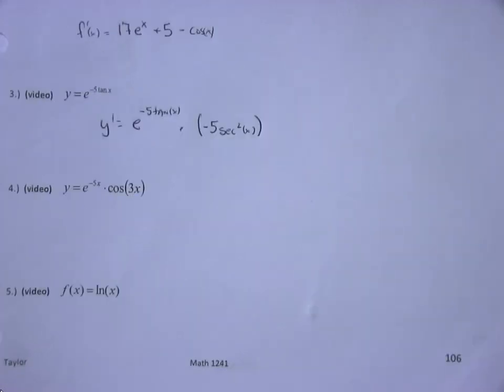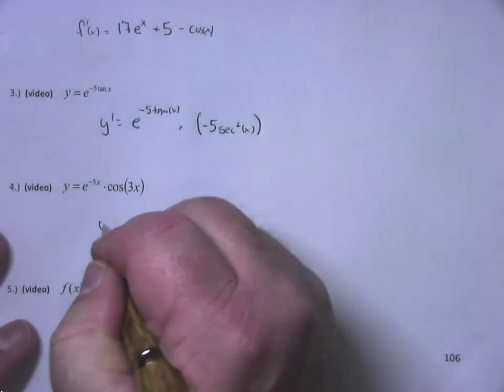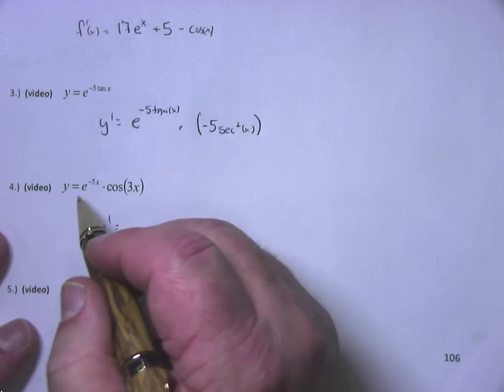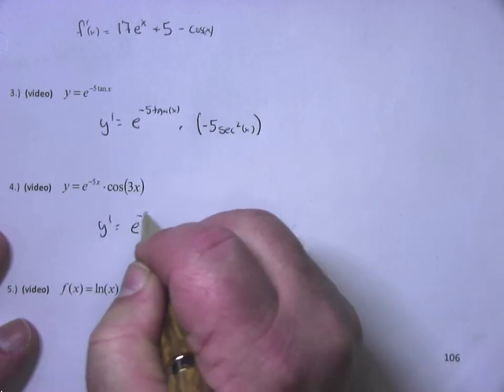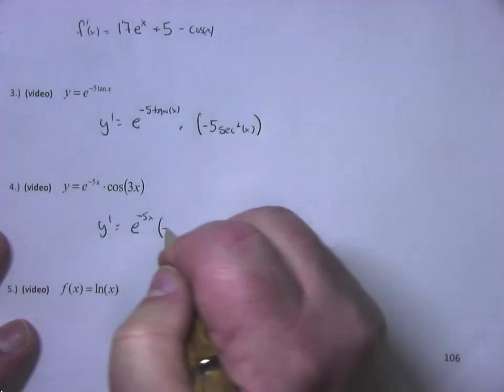y equals e to the negative 5x times cosine of 3x. With that times in the middle, it's a product rule. Derivative of the first times the second plus the first times derivative of the second. So my derivative, labeling it as I go: derivative of e to the negative 5x, well, derivative of e to a function is e to the function, e to the negative 5x, times the derivative of the exponent. What's the derivative of negative 5x? Negative 5.